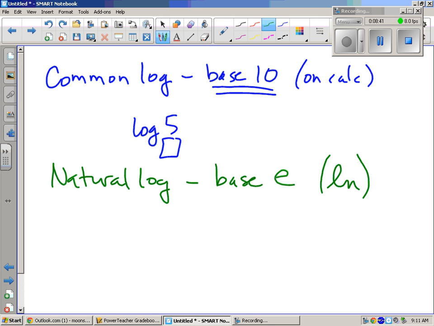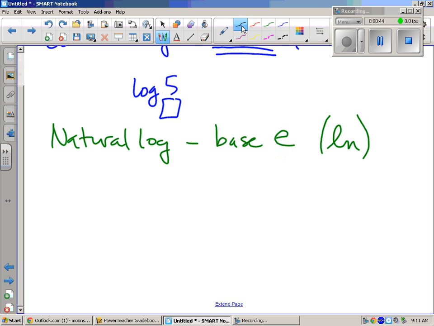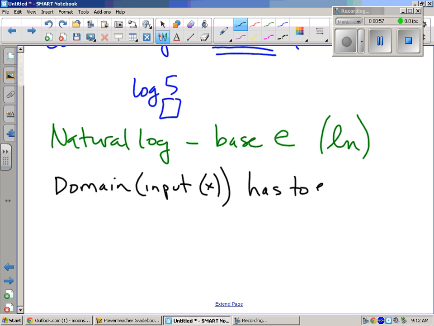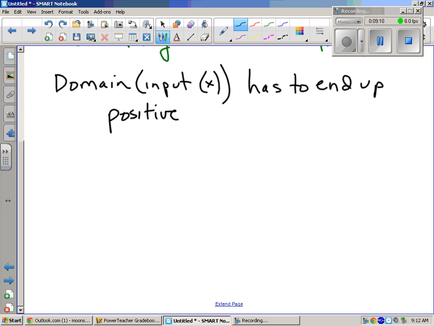All right, one little extra note here. When you have a domain, which is really the input or the x value, it has to end up positive. Okay, you can't take the log of a negative number. It has to end up positive. So, for example, if I have log of 3 minus x, and I want to know its domain, meaning what am I allowed to put in for x?